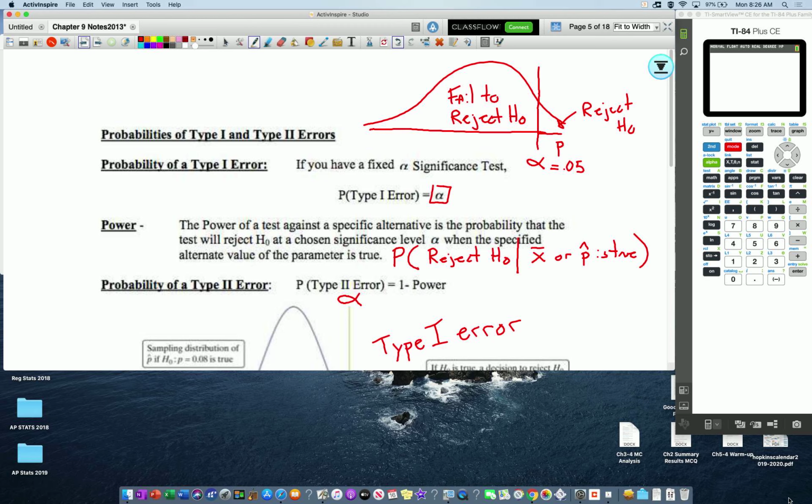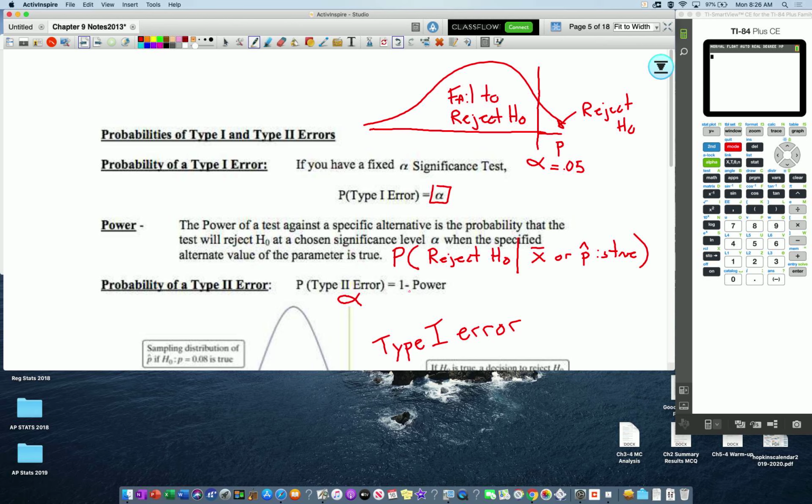Now, the next term up here is called the power. The power of the test against a specific alternative is the probability that you're going to reject the null hypothesis at a specific significance level when the alternative value or parameter is actually true. I like to think of the power as a conditional probability.